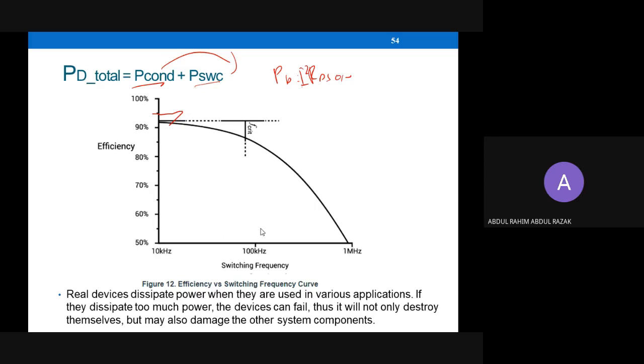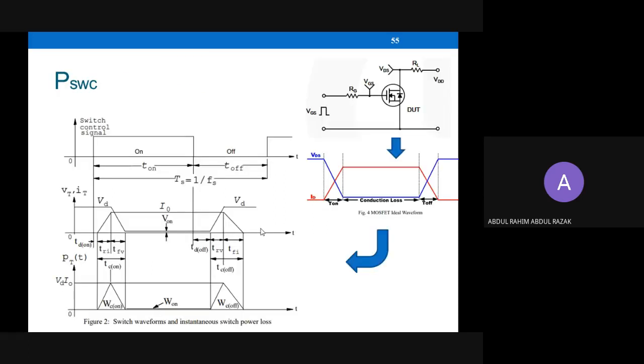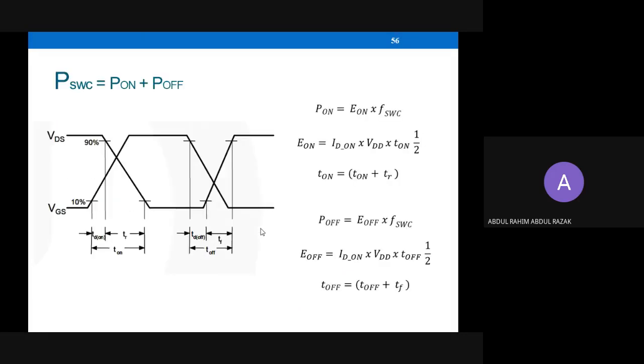The devices used inside the power processor like this, we have to consider in terms of their heat dissipation when operating within the system. It should be maintained at or below a certain level of temperature. The contributing power or losses in the switching mode happen during the transition when you switch on or switch off.